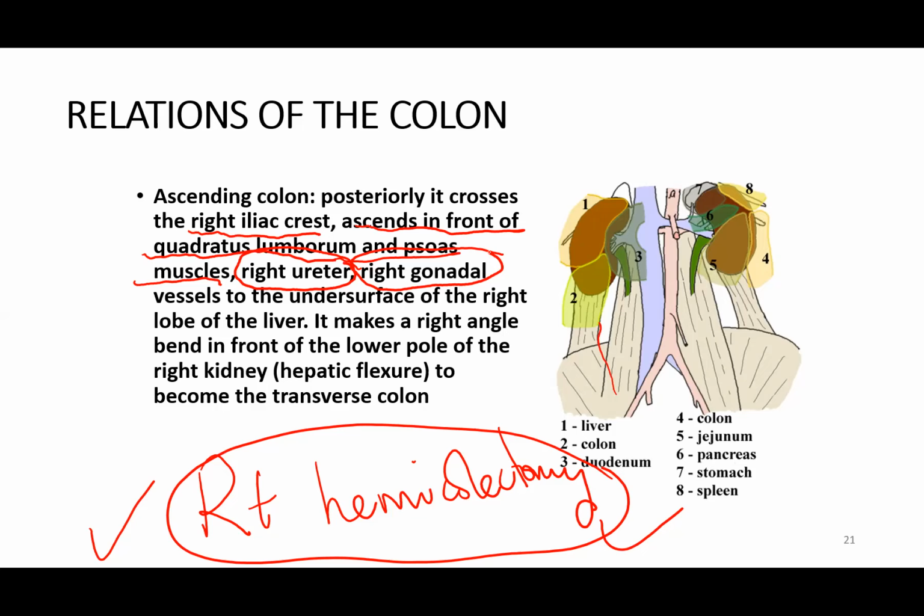Recently, not long ago, I think 2 months ago, the gynecologist called me. They were in for a huge ovarian tumor, and when they got in, they found out that it is actually a cecal pole tumor. And that cecal pole tumor has obstructed the distal ureter as it crosses it.